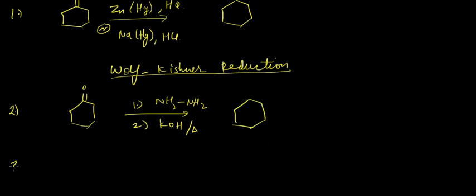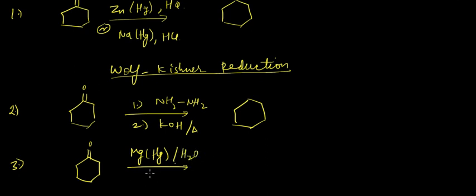And the third example is we have something like, again, a ketone. We have to use magnesium amalgam in presence of water, and second we have aluminum amalgam in presence of, again, water.